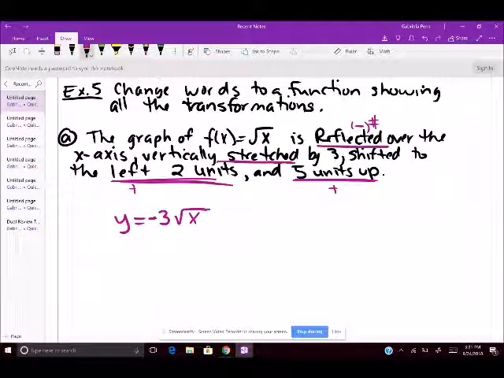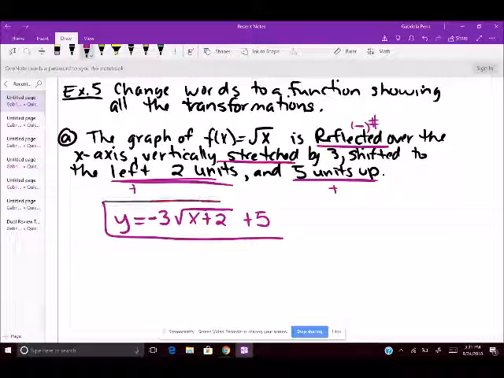Now, the left part or the right part is what goes inside. So because it's left, I'm going to put a plus 2. Because it's an up 5, I'm going to put a plus 5. This here is my answer. So you're going to have to change words to equations.